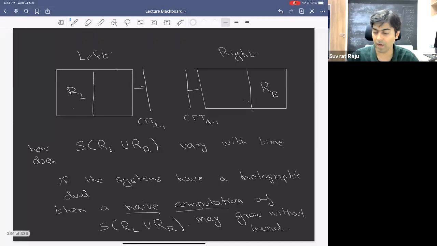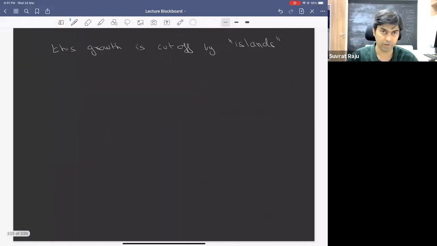To do that, I have to draw now the bulk dual of this setup. Remember, we've been saying that the CFT D-1 always has a bulk dual. So what is the bulk dual, first, to the two CFT D-1s entangled with each other?